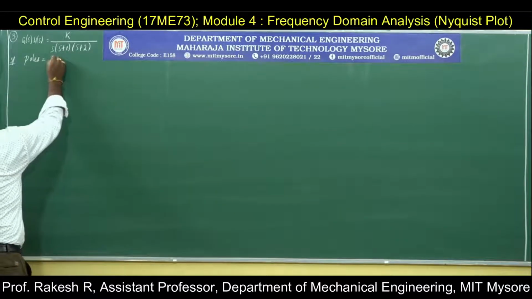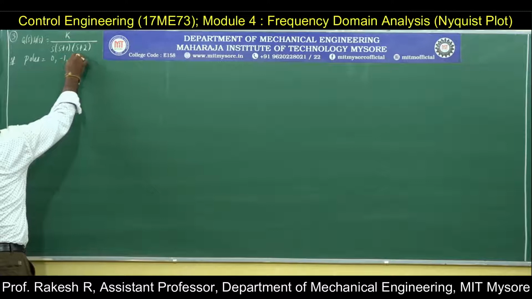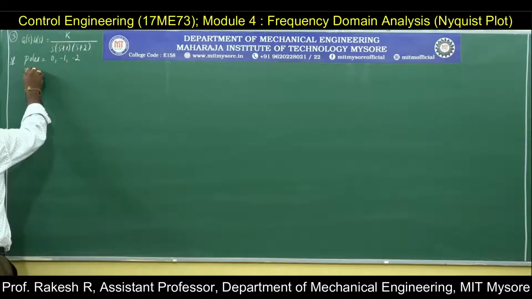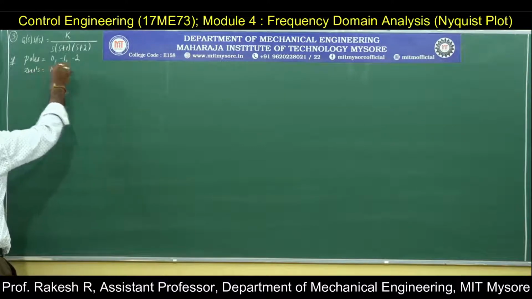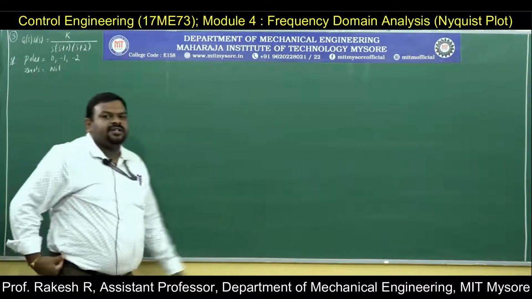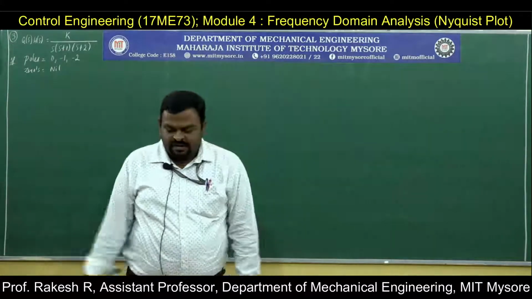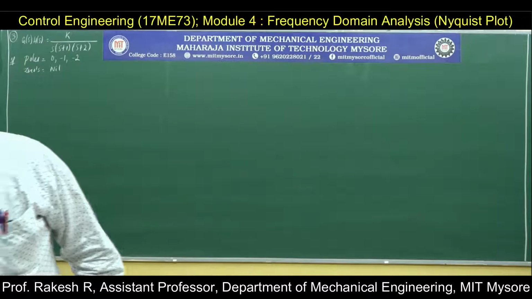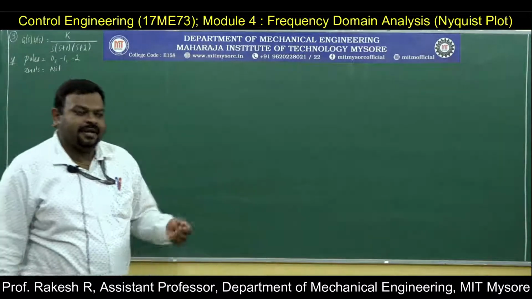So then you will get 0, minus 1 and minus 2. These are the poles. Then zeros, there are no factors in numerator, hence the poles at RHS will be equal to nil. Then let us try to write the Nyquist plot in the G(s)H(s) plane.